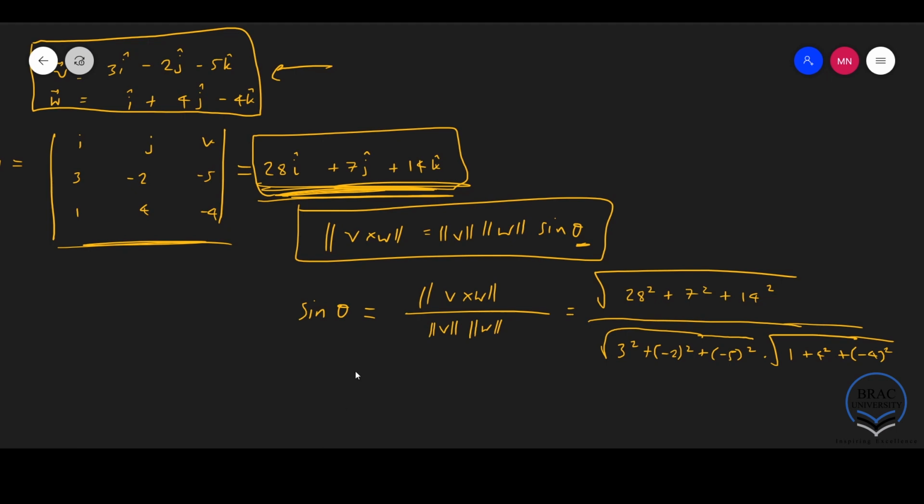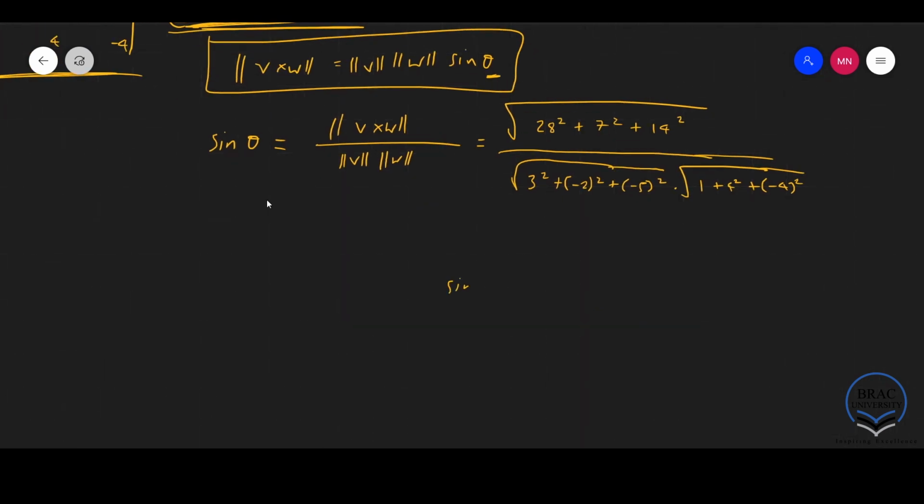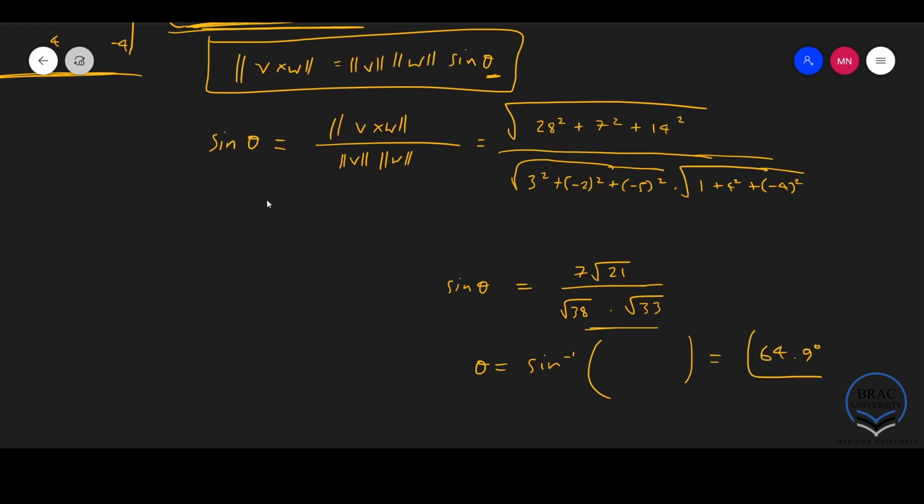This gives sine theta equal to 7 root 21 divided by root 38 times root 33. And if I take sine inverse of this, it approximately gives 64.9 degrees. So this is the angle between the vectors v and w.